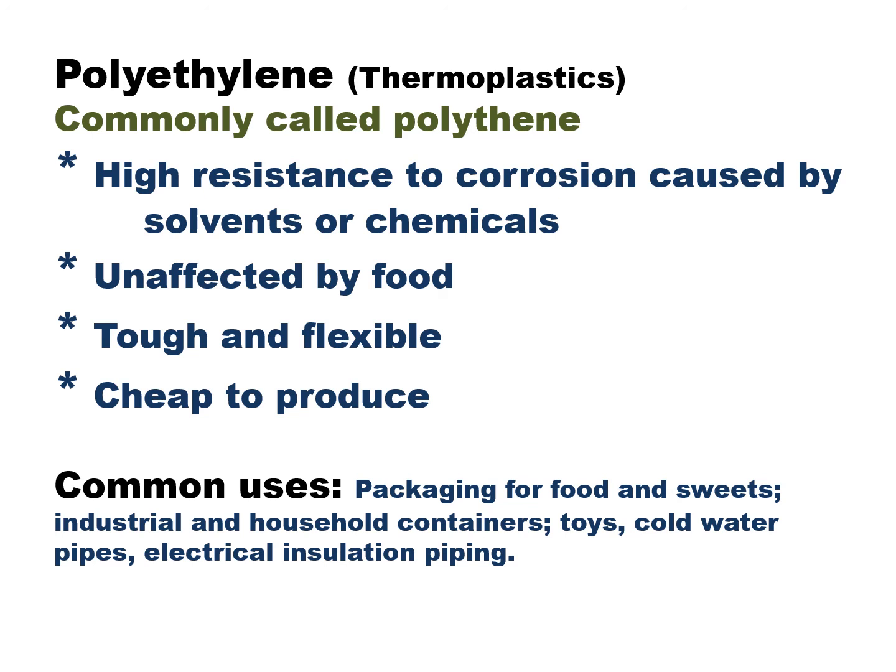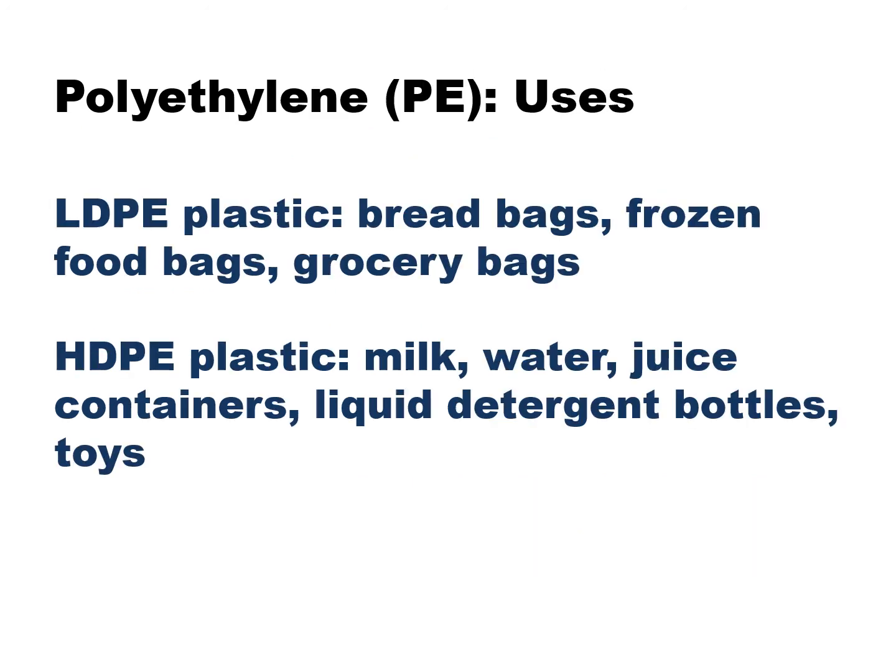I think it's good if we can further specify polyethylene. So polyethylene can be abbreviated with a capital P and a capital E. You get two kinds, LDPE and HDPE.